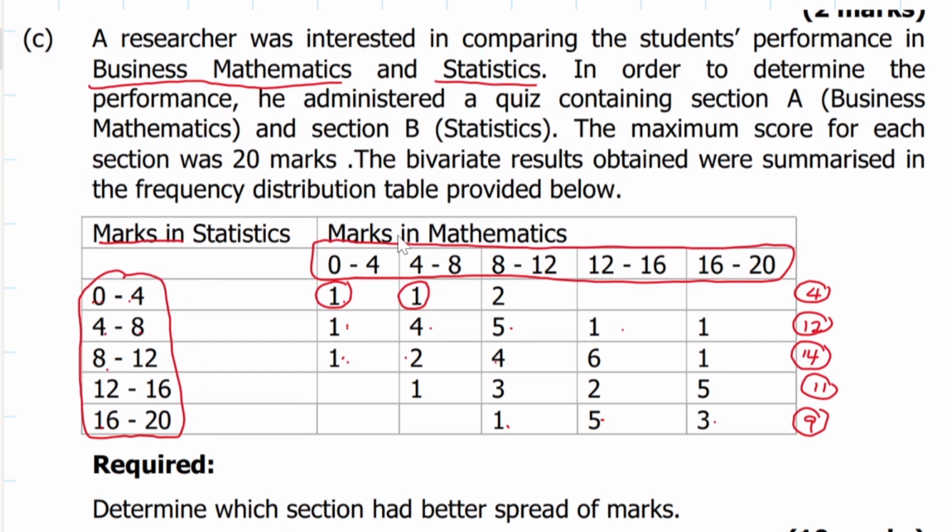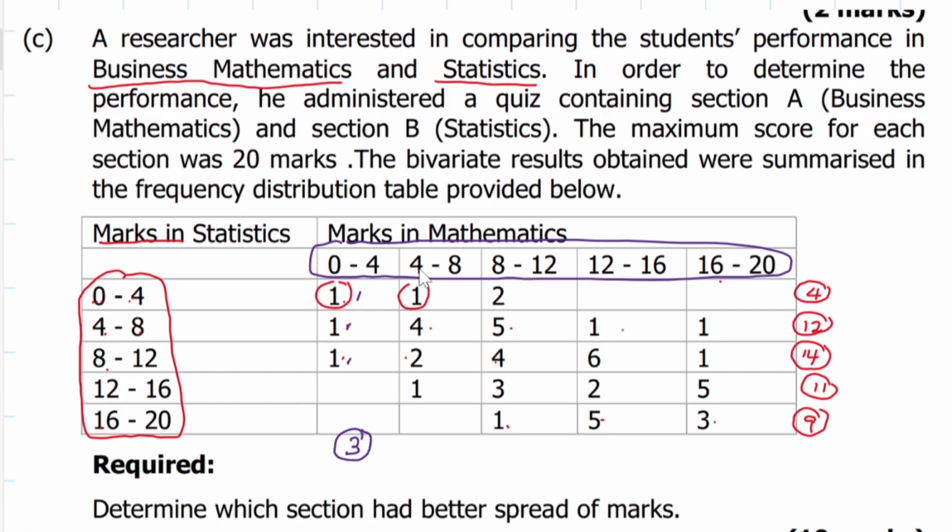Okay. Then those who got marks in math. Let me try and do this instead, just to use different colors to avoid confusion. Okay, those who got marks in mathematics. The way this table has been structured, for mathematics, those who got between 0 and 4 are 1, 2, 3, so there are 3.